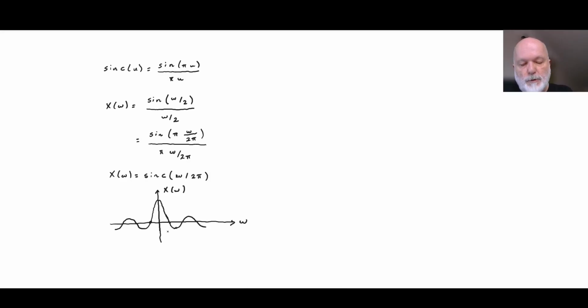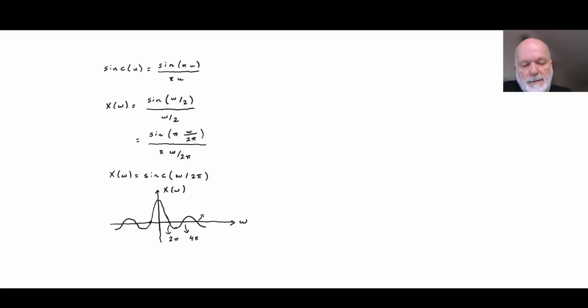So the zero crossings are at, if you look at the expression, when omega is equal to 2 pi, omega over 2 becomes pi. So sine pi is equal to 0. So this first zero crossing is 2 pi. Then we have 4 pi.